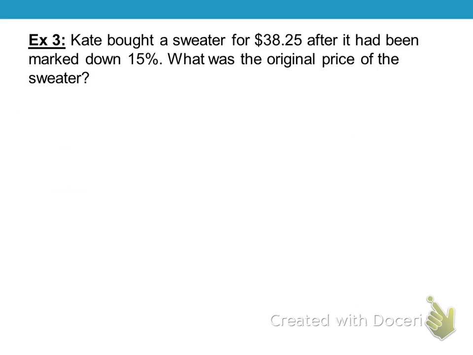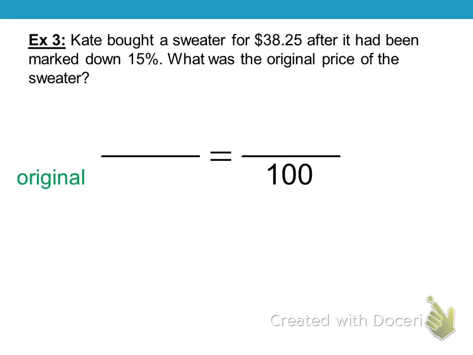All right, so Kate is buying a sweater, for $38.25 after it has been marked down 15%. What was the original price of the sweater? Okay. This is a good one. So we don't know the original, right?